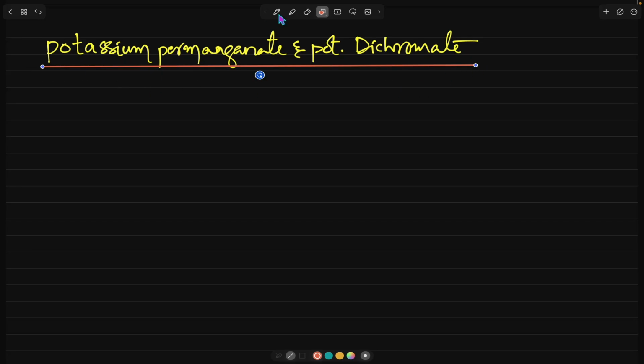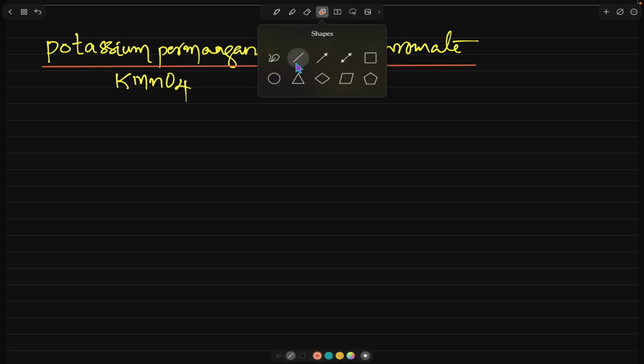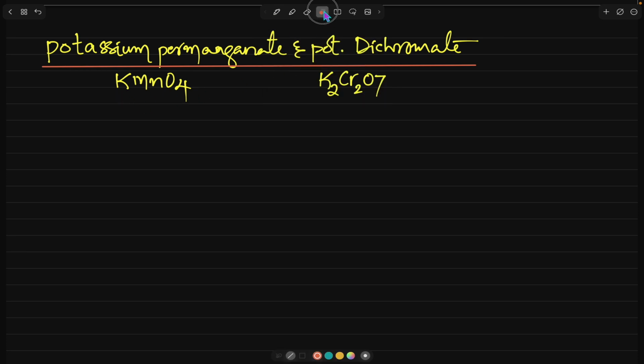Potassium permanganate, KMnO4, and potassium dichromate, K2Cr2O7. These are very important reagents of inorganic chemistry, so these two things we have to talk about.